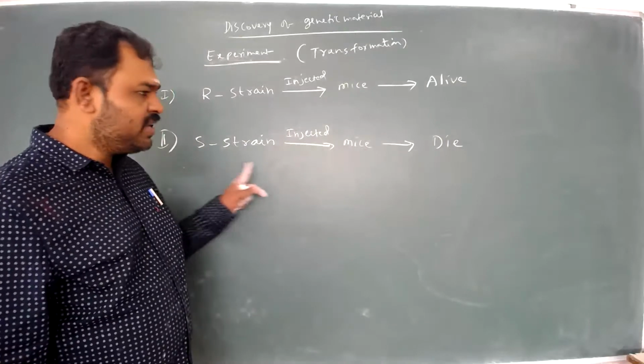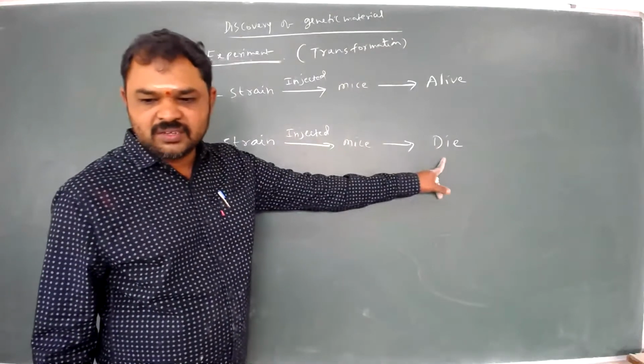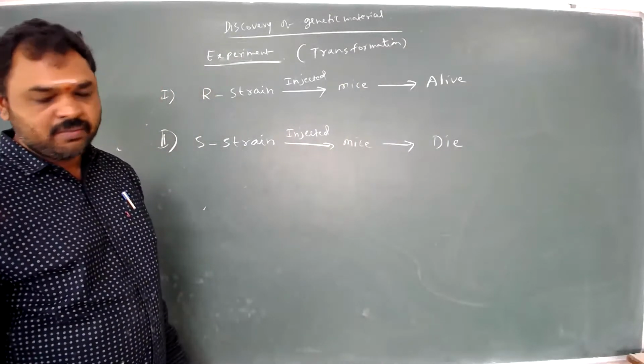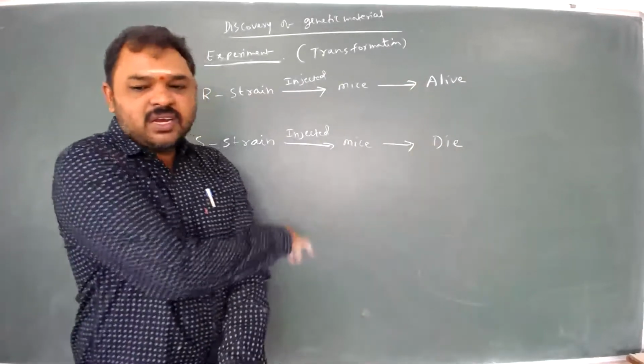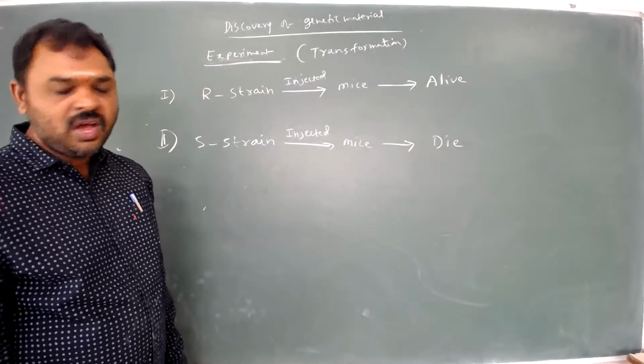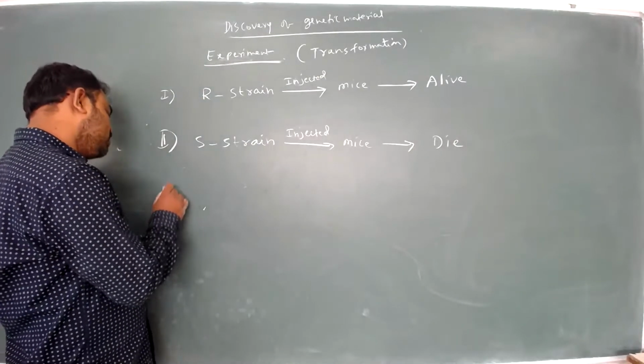Here, S strain injected to mice, the result was that they died. But R strain, non-harmful, injected to mice, the result is alive.